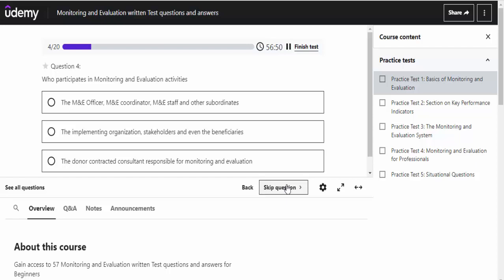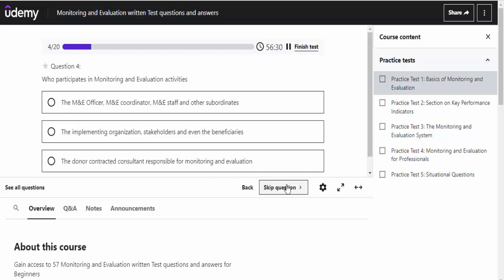And the reason why B is the correct answer is because when it comes to participatory M&E, which I think is the best, you have different players who are interested in the outcome of the project.